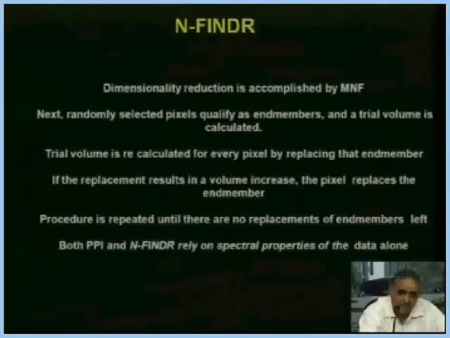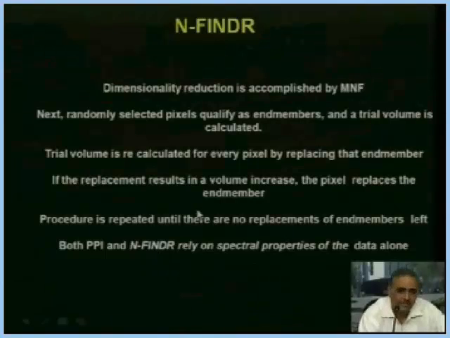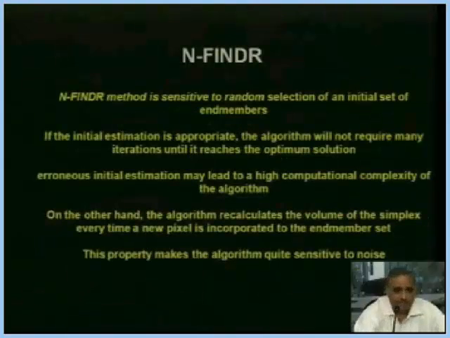In fact, there are a few more algorithms which also take into account the spatial position. I am not talking about those. I am only confining myself to the spectral properties based end member identification algorithms. However, the N-FINDR method is sensitive to random selection of the initial set of end members.